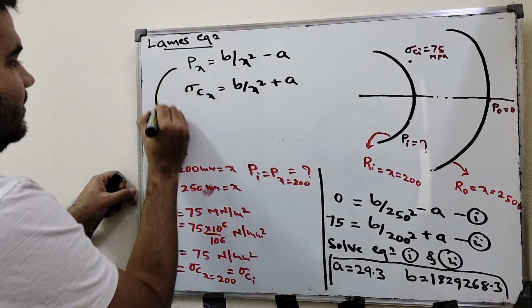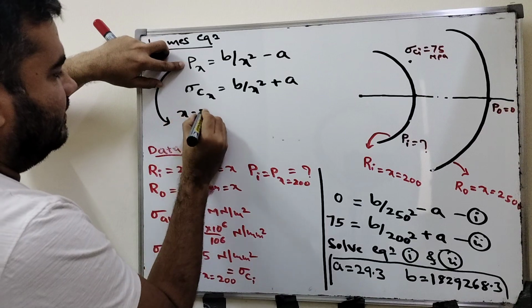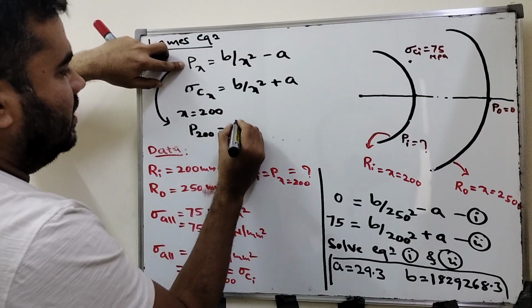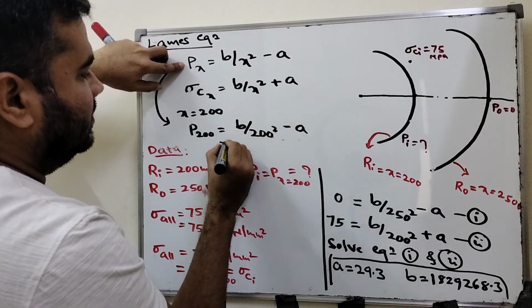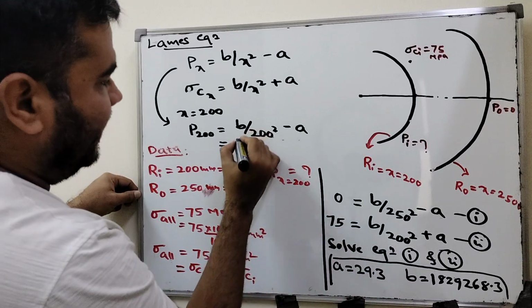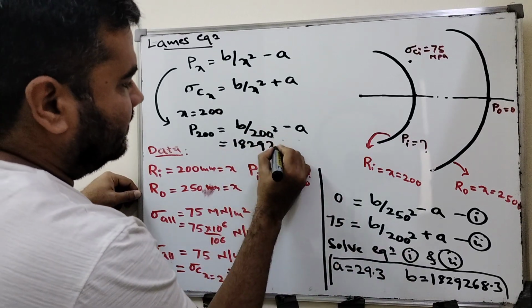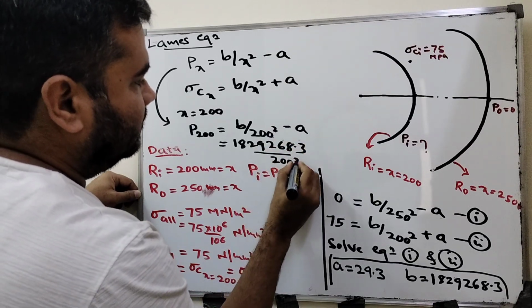Now from this equation, when x equal to 200, P of 200 equal to B by 200 square minus A. This will be equal to 1829268.3 divided by 200 square minus A.